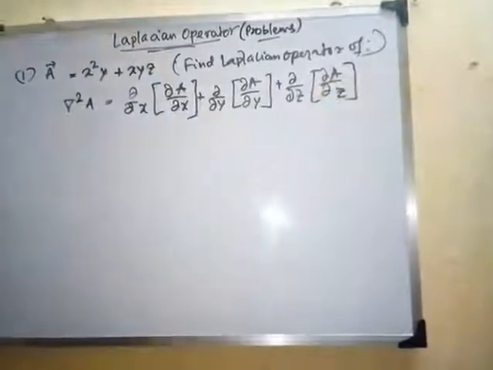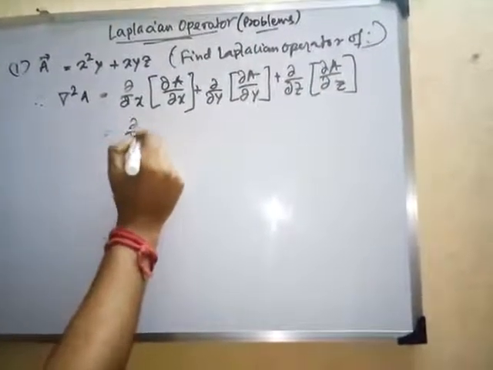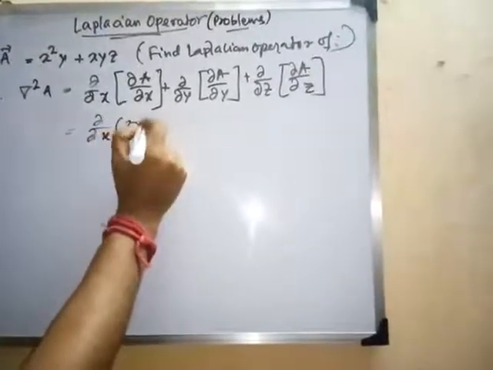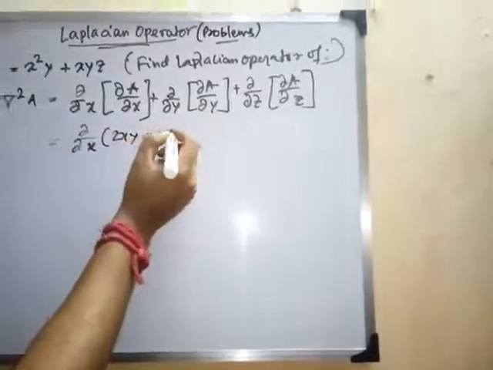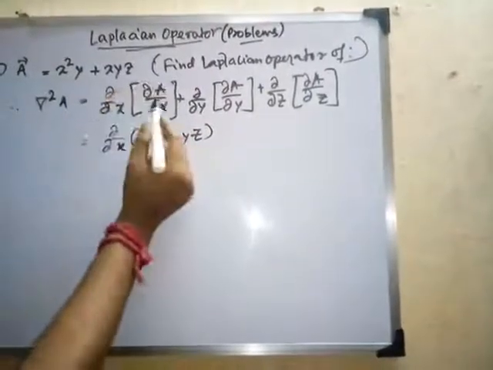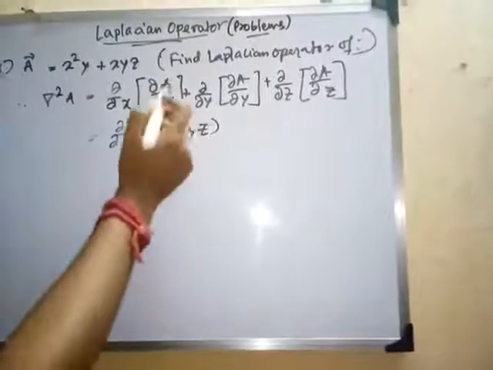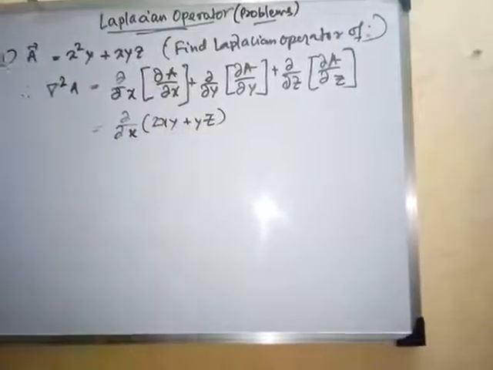Right, so this is the function. We'll simply write del x of the function: 2xy plus yz. Since we are finding del x of A, I have found it and put it directly here.